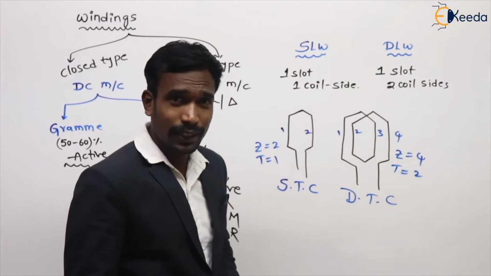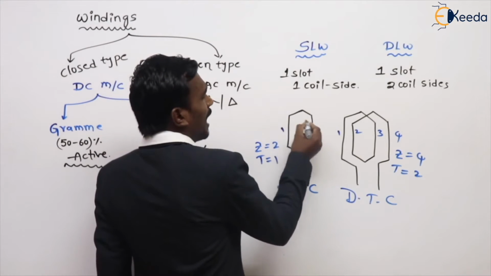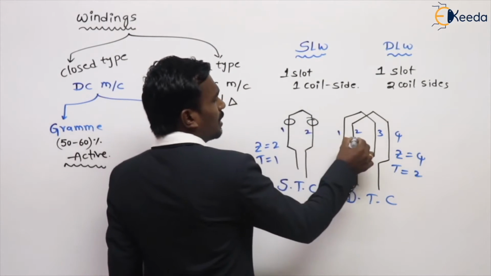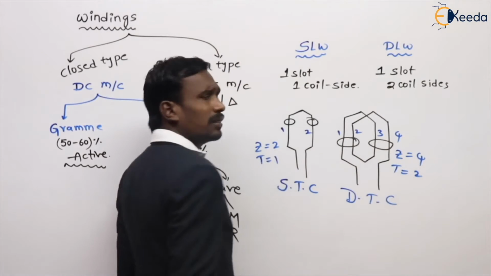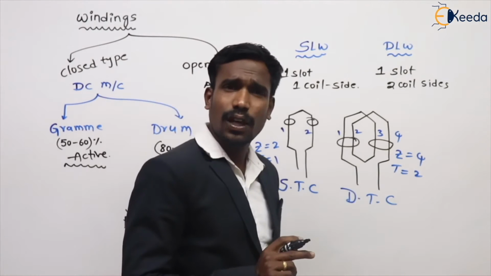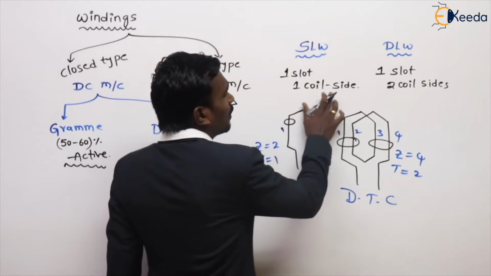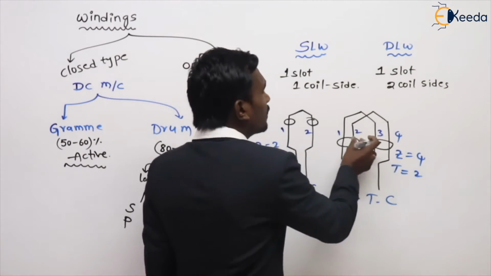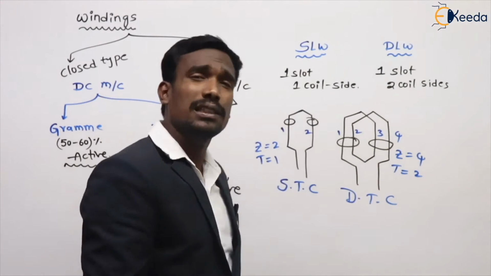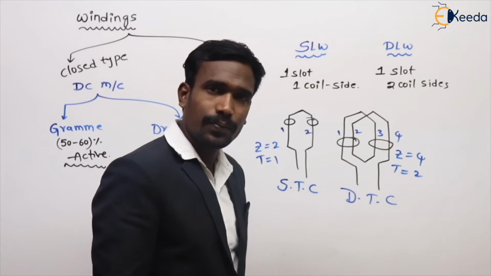Are you getting it or not? Every coil has two coil sides, must and should. So one slot filled with one coil side, or one slot filled with two coil sides, is called single layer winding and double layer winding.